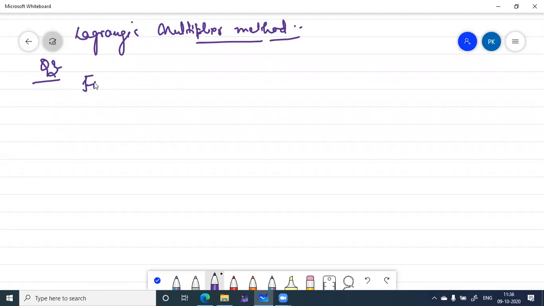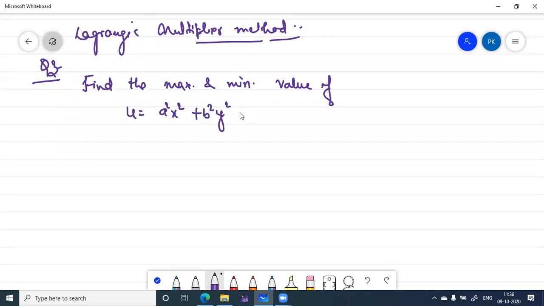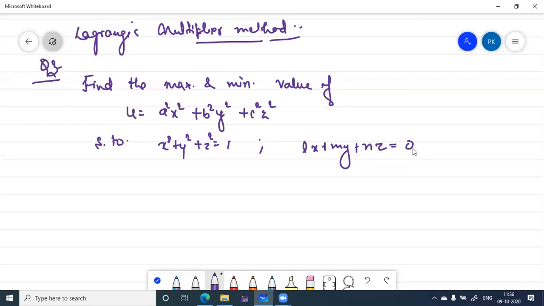Question is, using Lagrange's multiplier method, find the maximum and minimum value of u is equal to a square x square plus b square y square plus c square z square, subjected to the conditions x square plus y square plus z square is equal to 1, and lx plus my plus nz equals 0. So we have two equality constraints here.